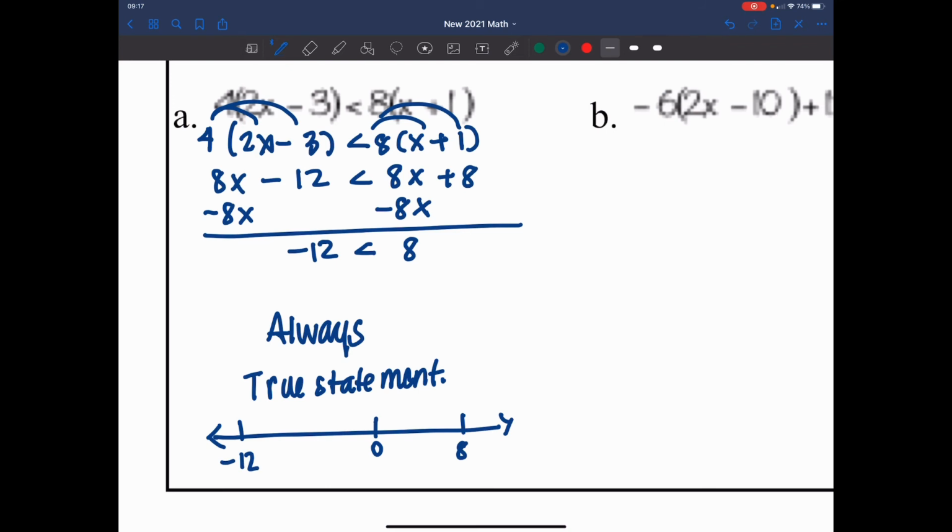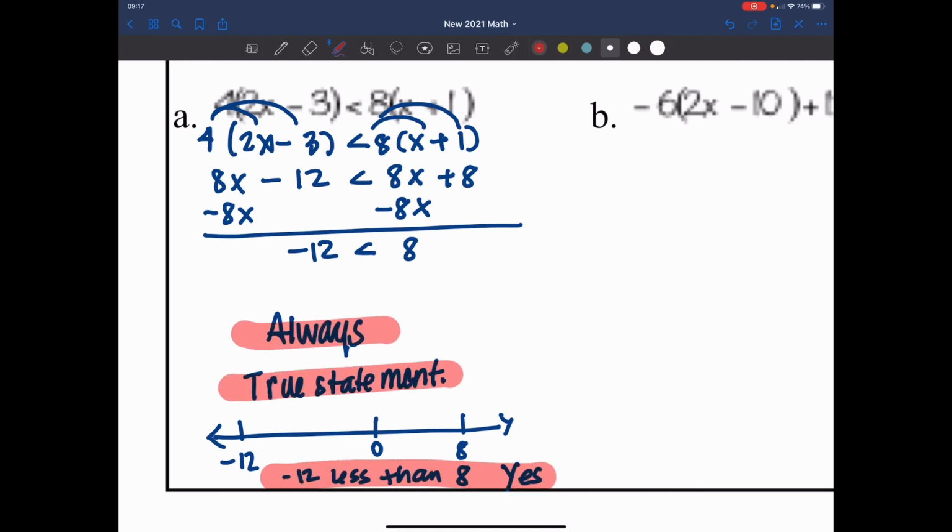So I'm asking you, is -12 less than 8? So when I write it out, we say yes. So again, that's what makes it always true, because this is true, all right? And it's true on the number line.